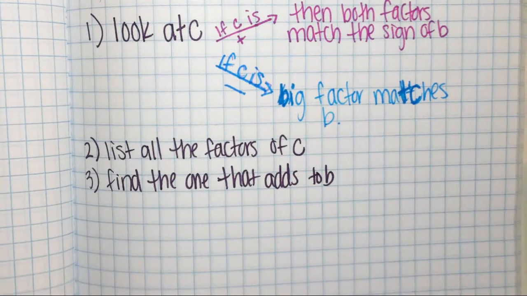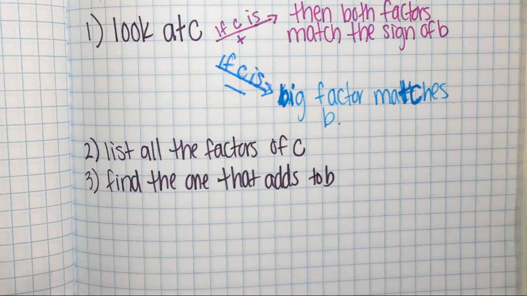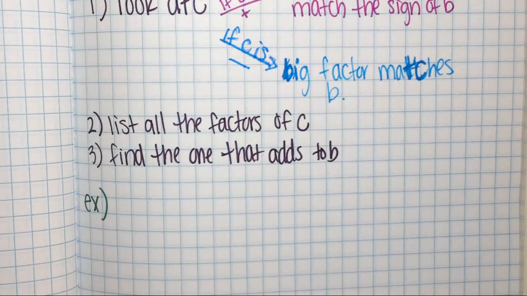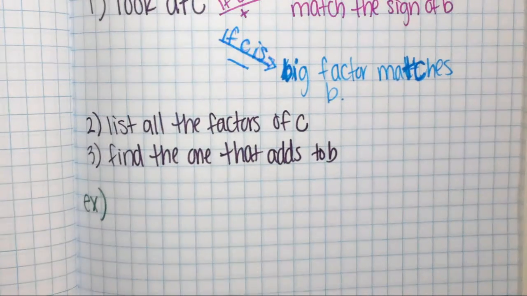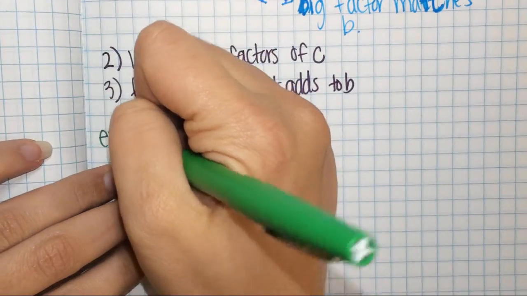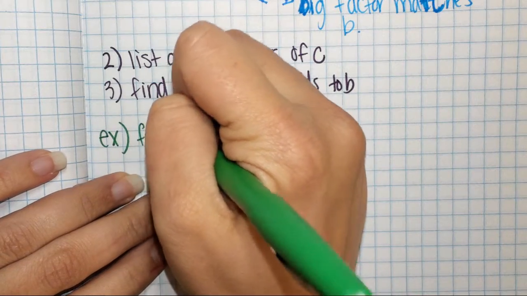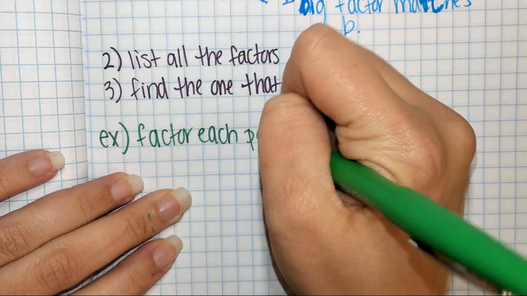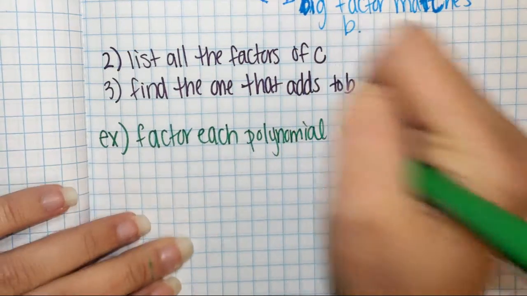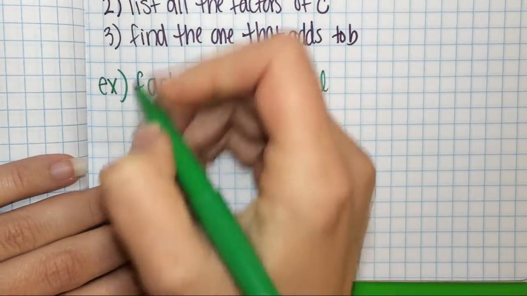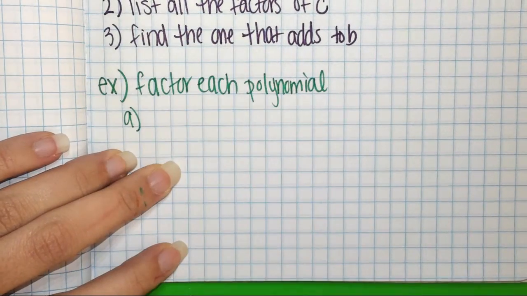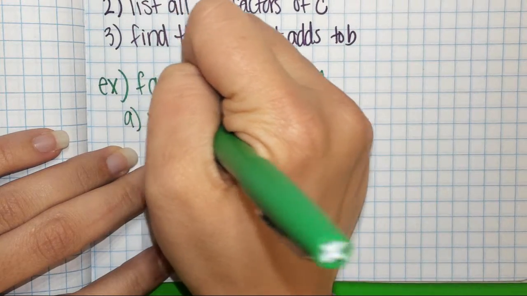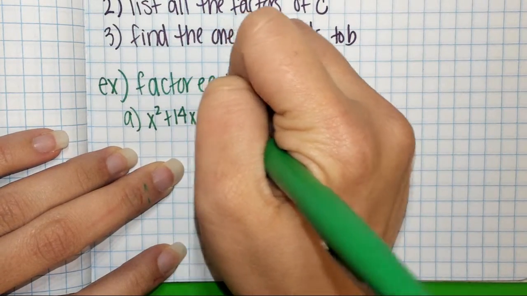Alright, the first one that we're going to do. The example says, factor each polynomial. And our first example is x squared plus 14x plus 24.